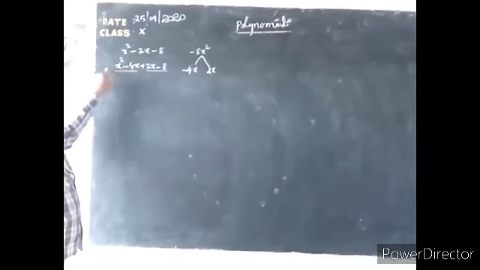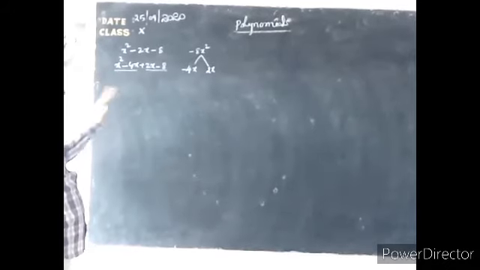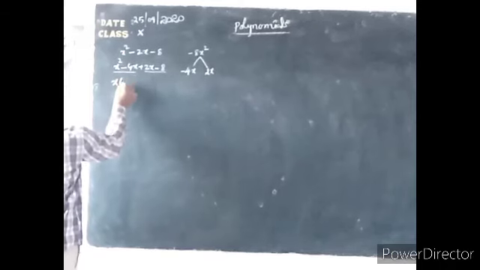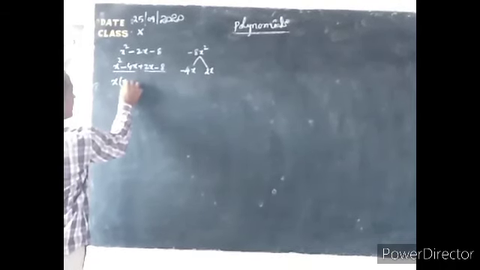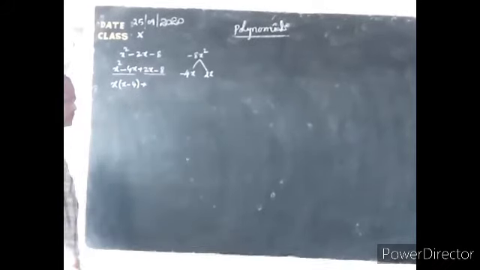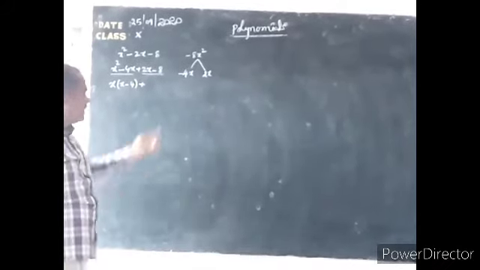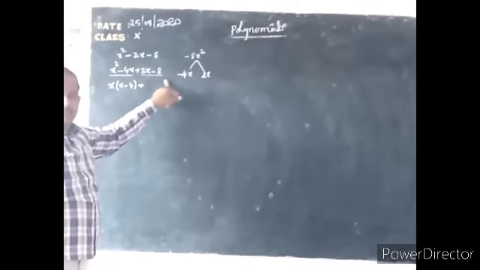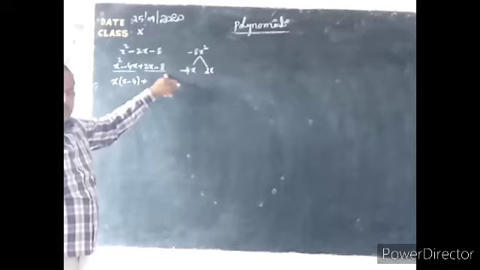Here x exists, here also x exists. So one x is taken out. What remains here? X minus 4. In the second part, what is common? No x term is common. In the first we have x, but in the next there is no x term. It is a constant number.